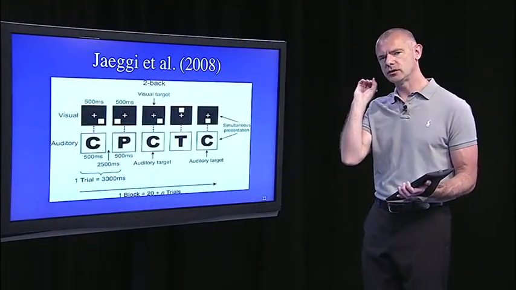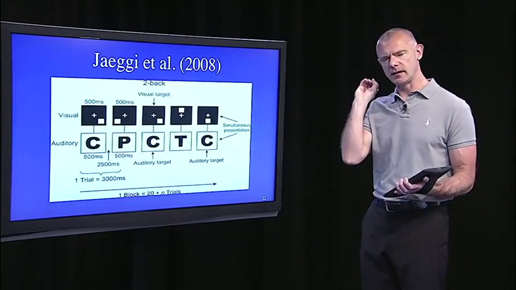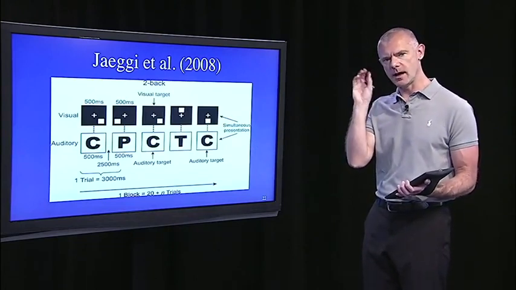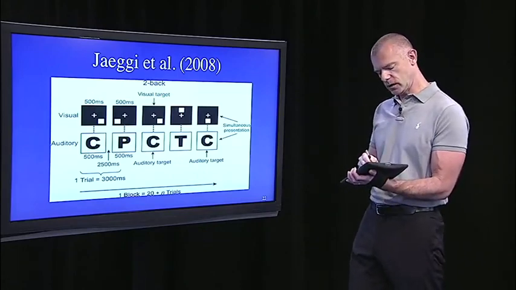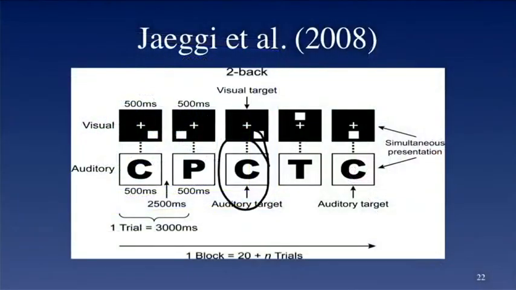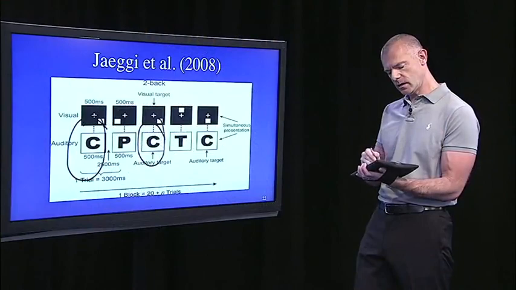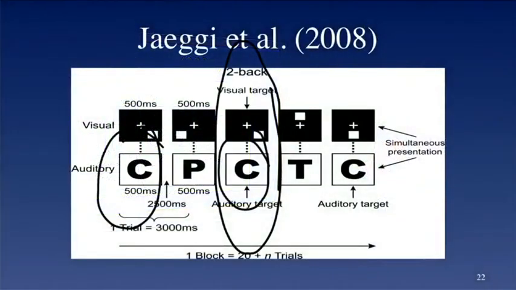So they were listening to a speaker say letters over headphones. And again, here's an auditory target because the C matches the auditory stimulus 2-back in the stream. So here is an example of a 2-back target. That's when the subject would have to say, yep, that matches in both the visual stream and the auditory stream the stimuli that came 2-back.